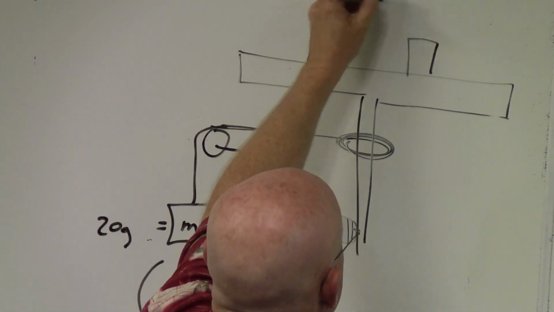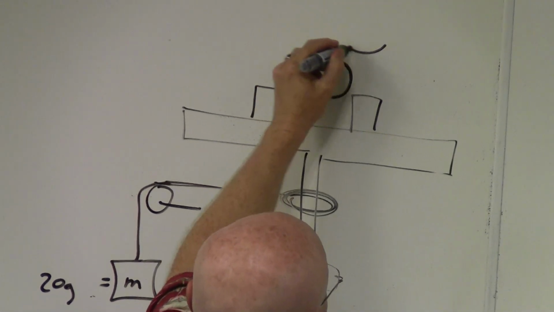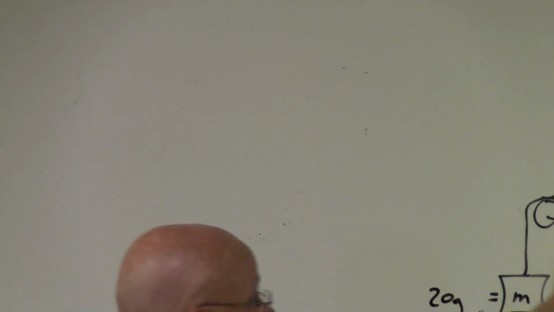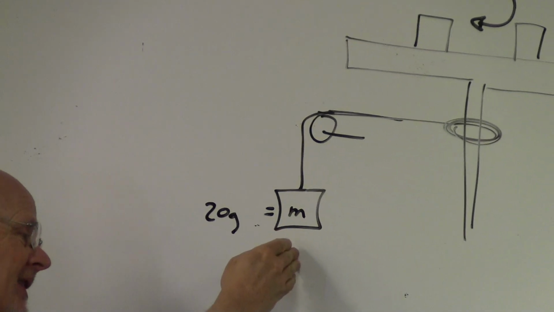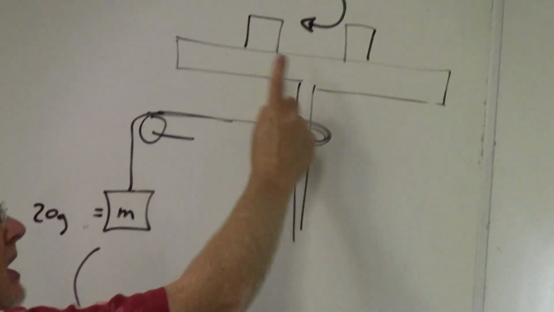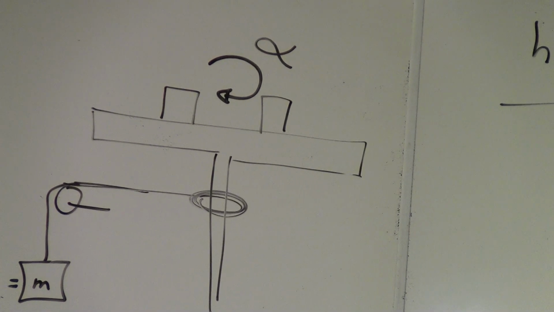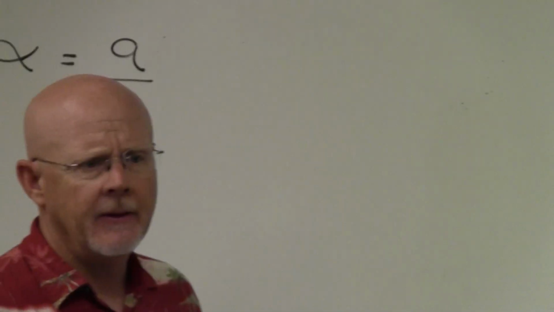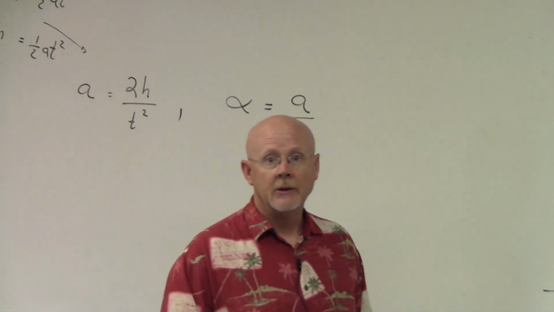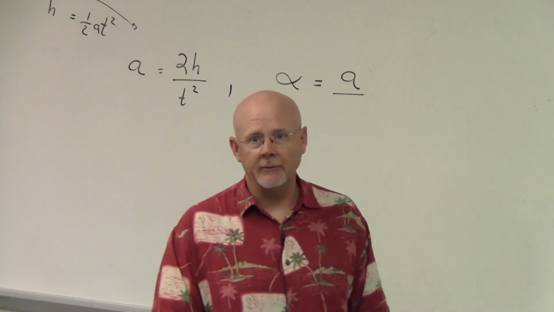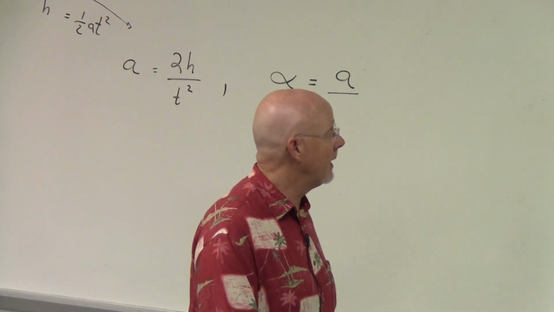And so as this goes around, it is going to have an angular acceleration. And so there's a connection, because of the string, between the translational acceleration of this and the rotational acceleration of the platform that holds the square weights.